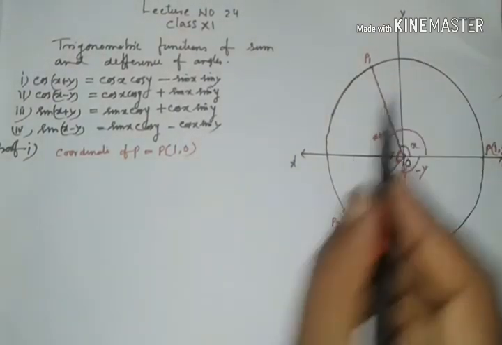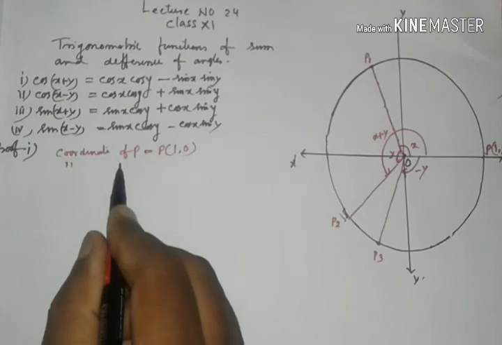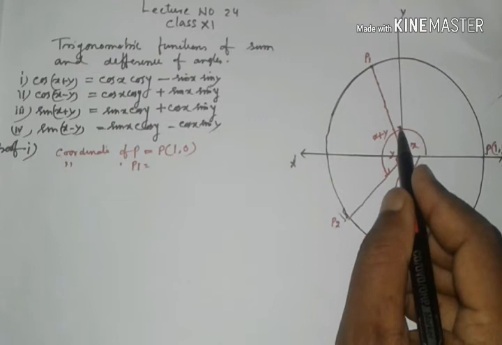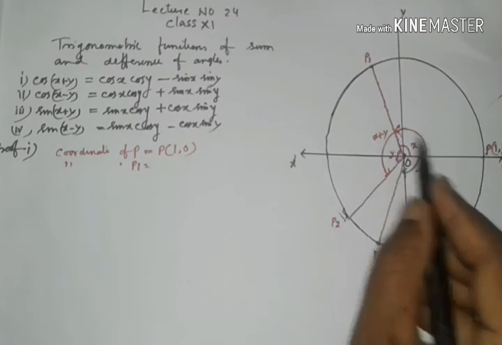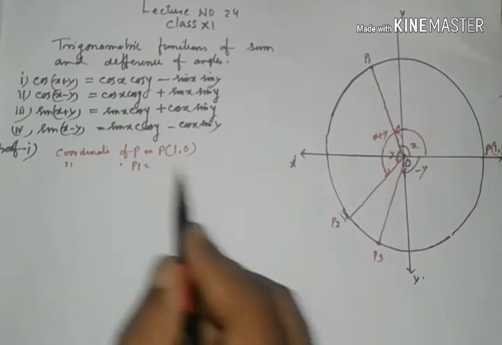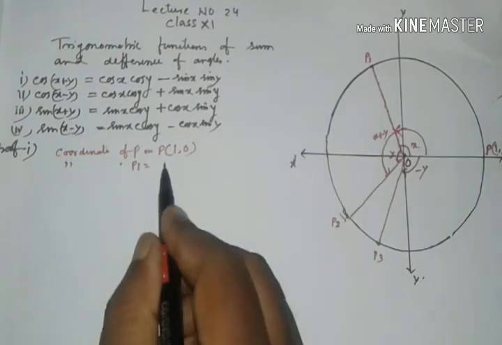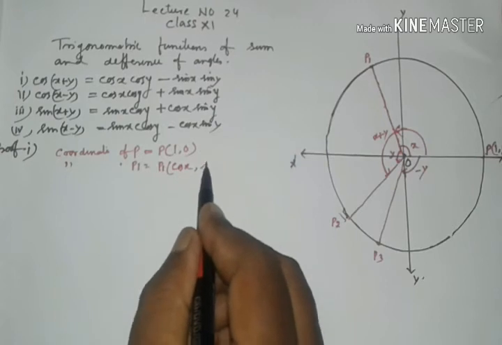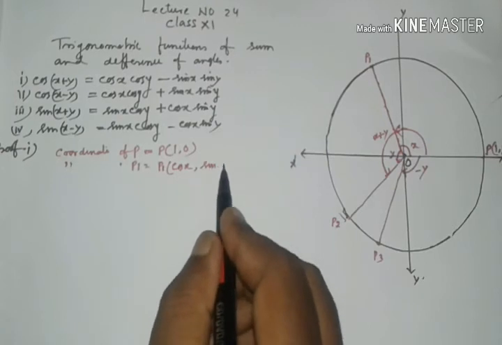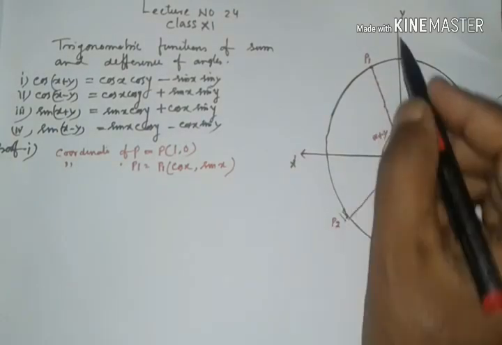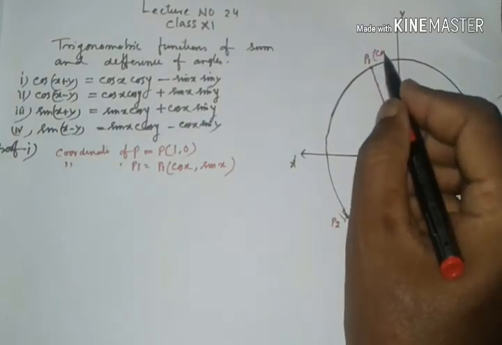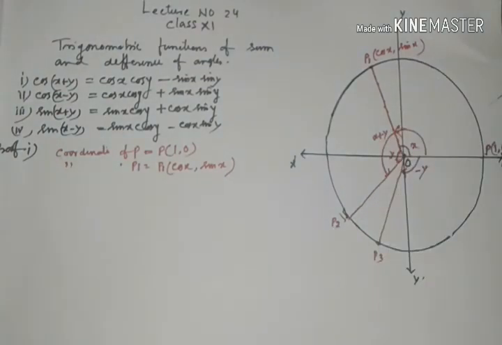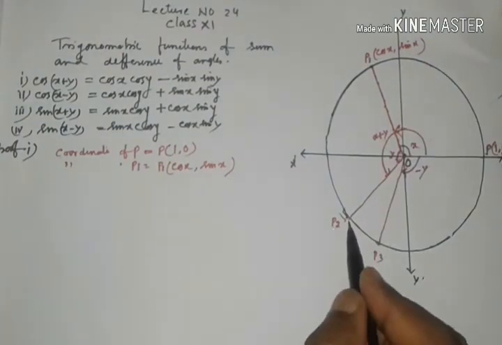Now what is the coordinate of P1? P1 makes an angle x with OX. That is, the coordinate of P1 is (cos x, sin x). Now what is the coordinate of P2?